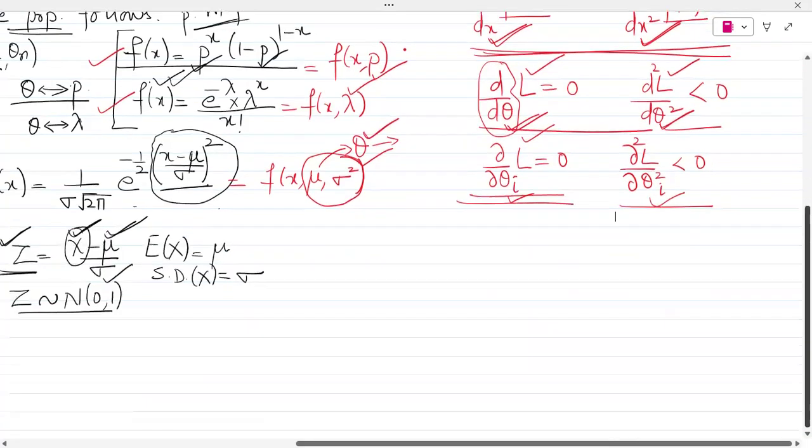And naturally, we have to differentiate L with respect to each such component of theta.